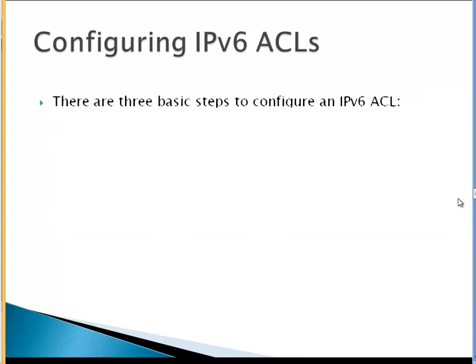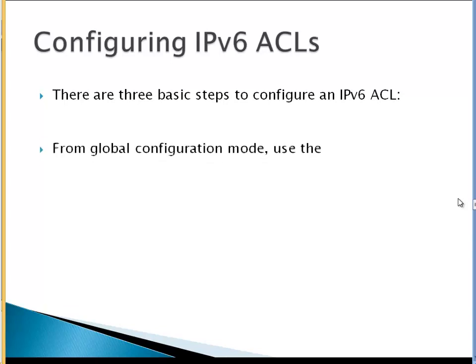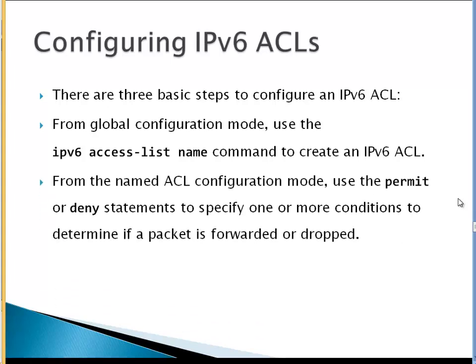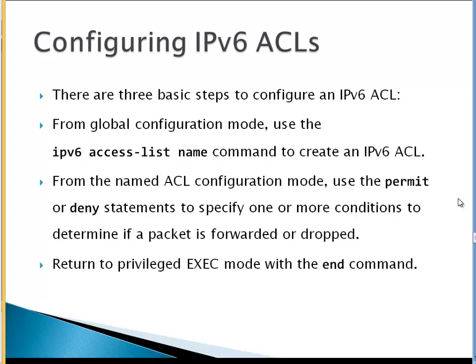To configure the IPv6 access list, there are three basic steps. First, you configure the IPv6 access list name. Then you put permit or deny statements, and then you bind them.